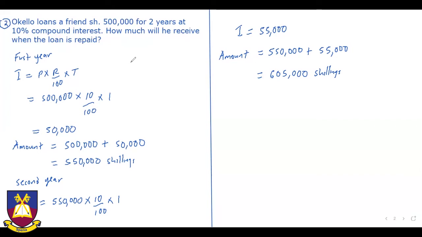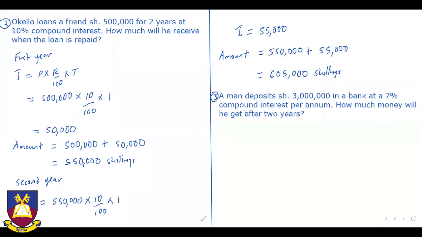Let's look at another example. A man deposits shillings 3 million in a bank at a rate of 7% per annum. How much will he get after 2 years? We're going to do it the same way. We'll treat it stepwise. So we're going to say first year.